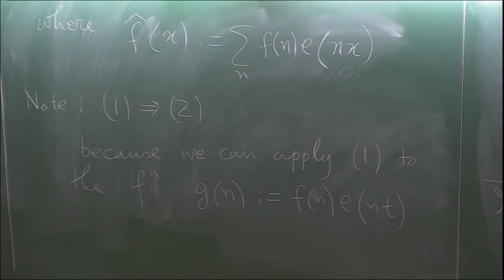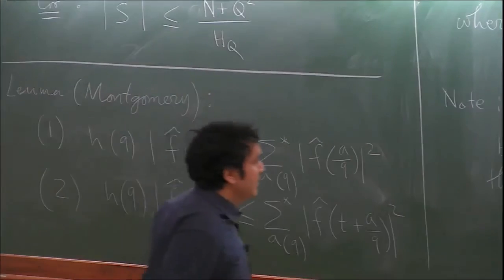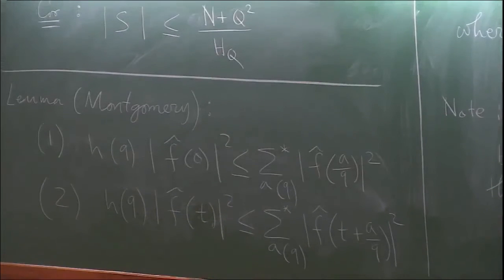So g hat of 0 will be just f hat of t. Okay. So 1 implies 2.